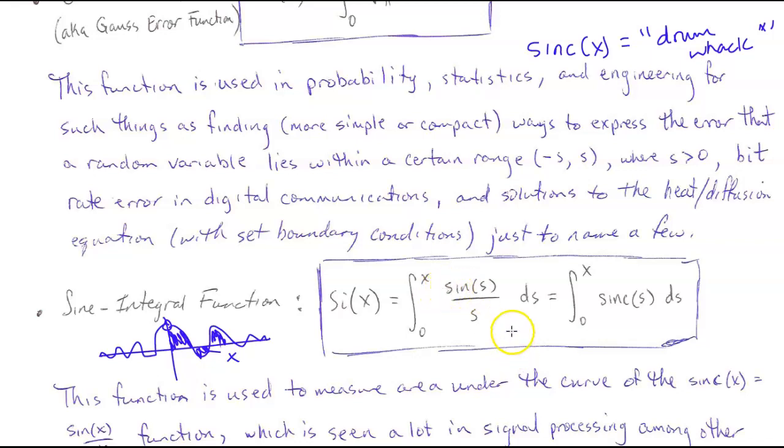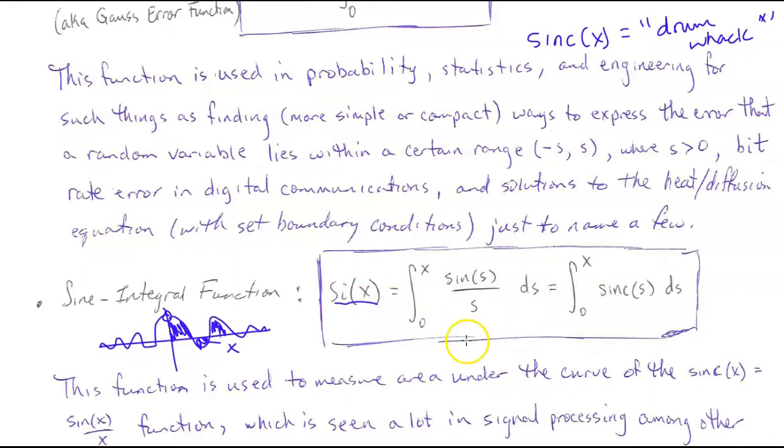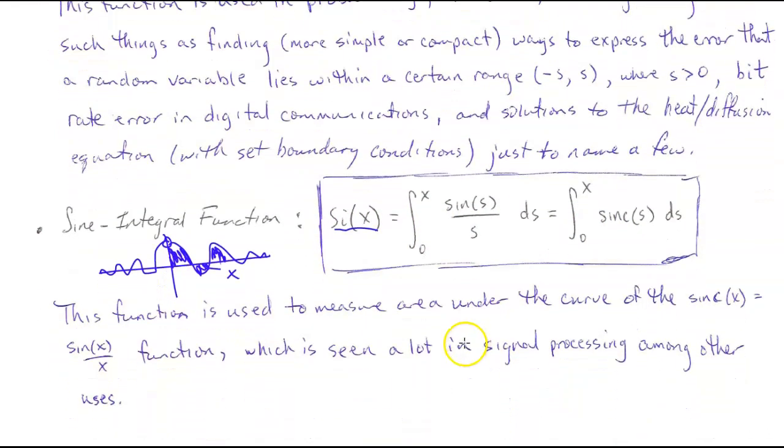Not impossible, just difficult. Since we already know how this function acts, we have graphs or tables that will help us figure out this particular answer. So it's just more advantageous for us to refer to it as Si of x, okay? Or Si of x, right?